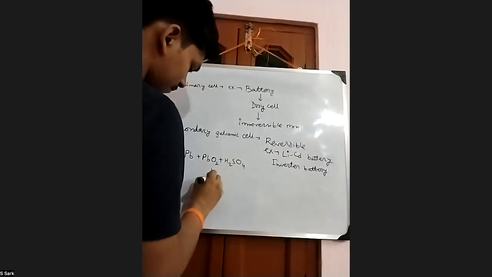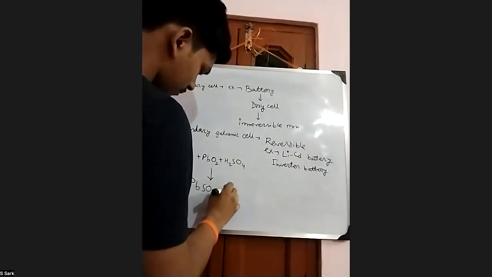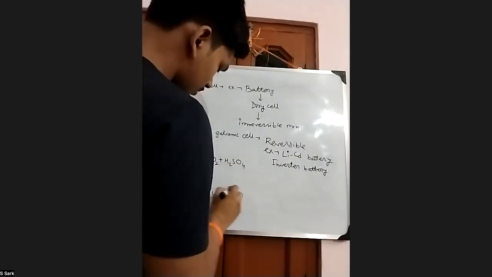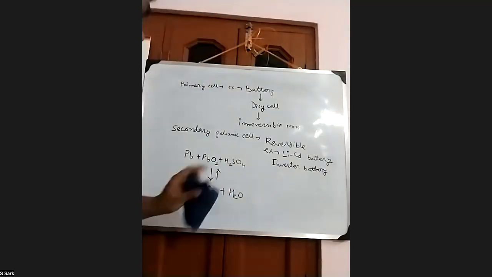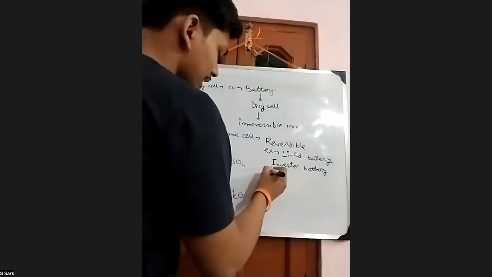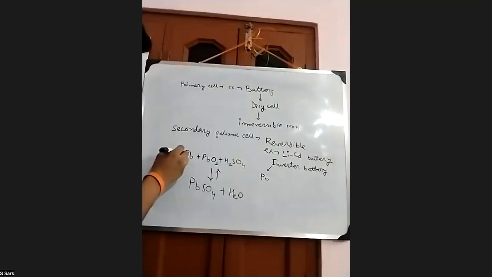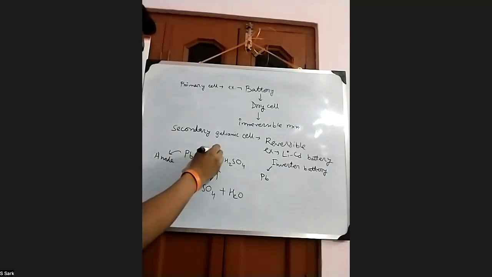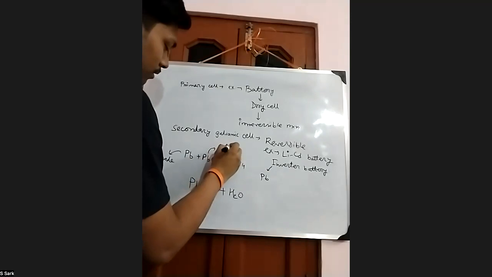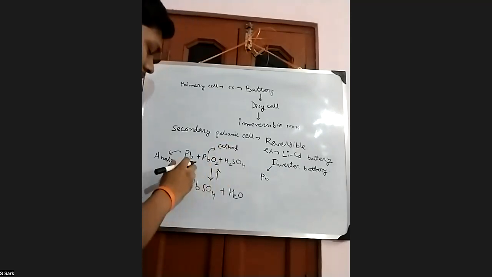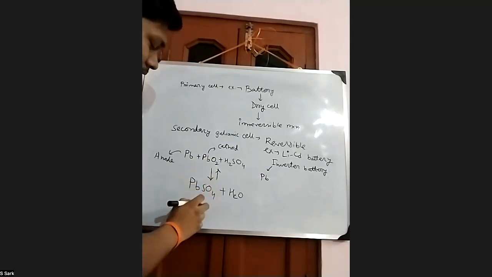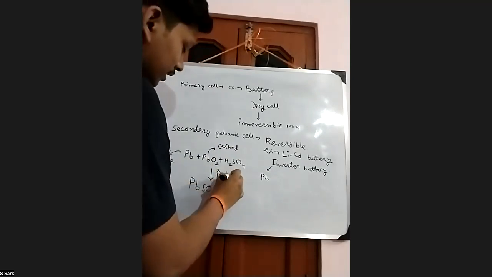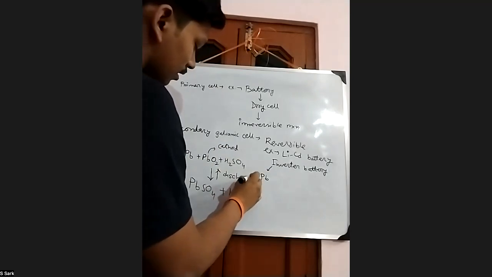This is the reaction which takes place in the lead battery, which is basically the inverter battery. In this case, lead is used as anode and PbO2 is used as cathode. When charging occurs, the forward reaction takes place, and discharging, if we have to use it further, so two types of process occur in this cell.